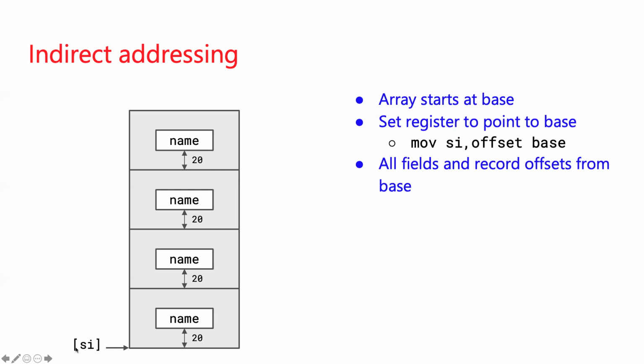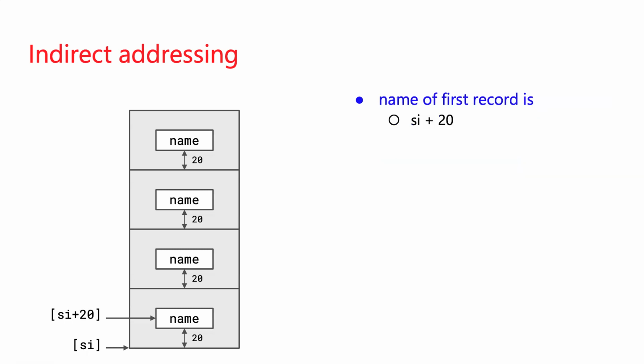Here we're assuming this is the start of the array of structs, and addresses get bigger as we go this way. So if SI is pointing to the start of the first instance in memory, and name is 20 bytes after that, then if we could take SI and add 20 to it, that would be the name field of the first instance of a struct.